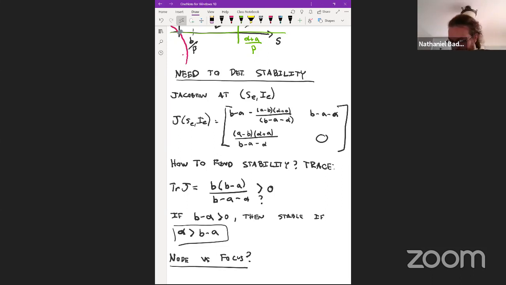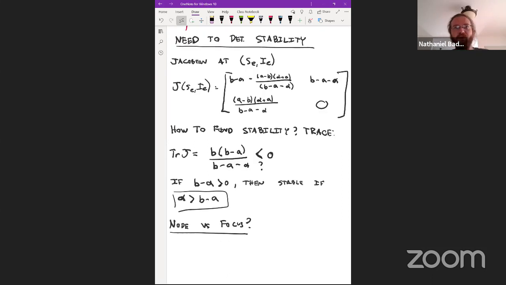It should be less than, no, because if it's stable, then we need the trace to be less than 0. And so if alpha is greater than B minus A, then the denominator is going to be less than 0. No, you're correct, because I was saying stable, stable, stable, and then I wrote the unstable condition here. So yeah, that's a little bit more clear.